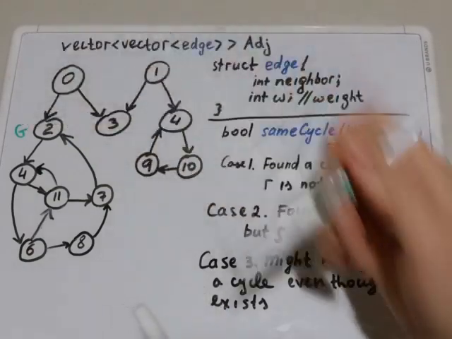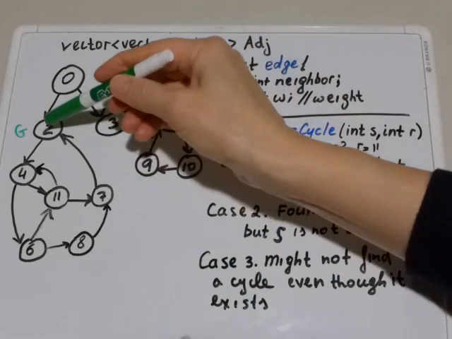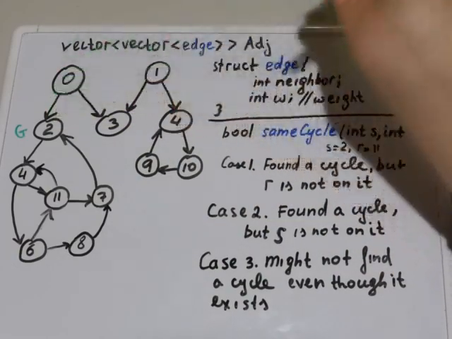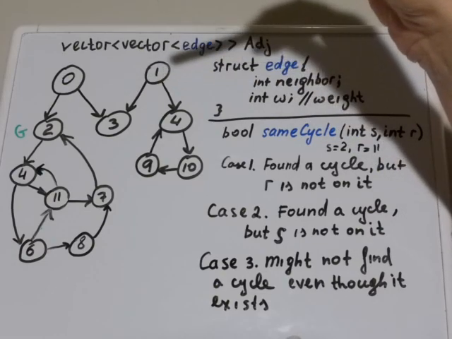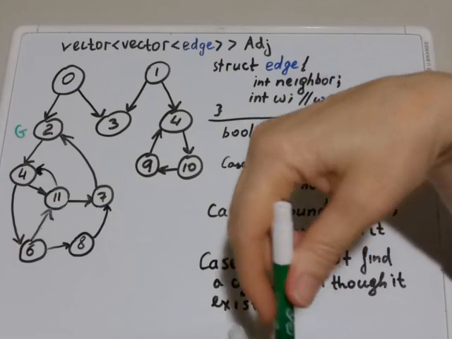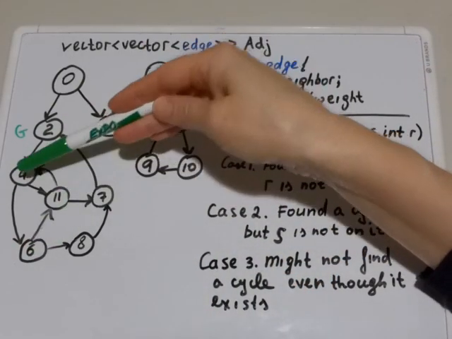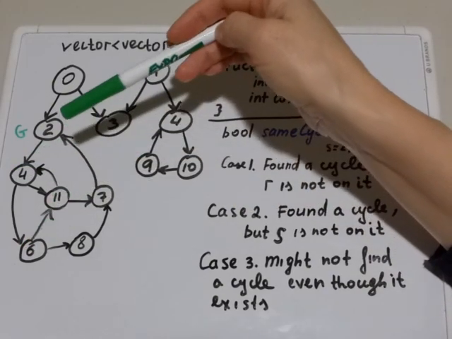I'm going to use green, it has the same initial letter. Let's assume another thing, that all the vertices are ordered in adjacency lists in increasing order. For example, if there are two edges from 4, to 6 and to 11, then 6 will appear before 11 in that adjacency list.